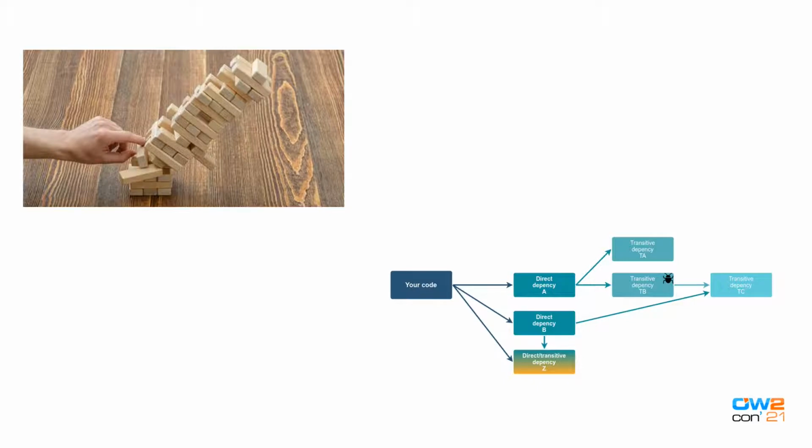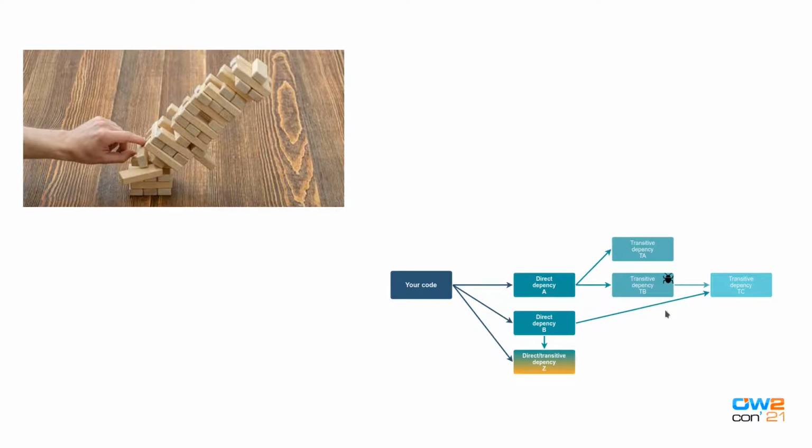And also, of course, you have this dependency on quality. The quality of the dependencies will impact the overall quality of your application. So usually you carefully select your direct dependencies, but you don't really look into the transitive dependencies because it's too time consuming.